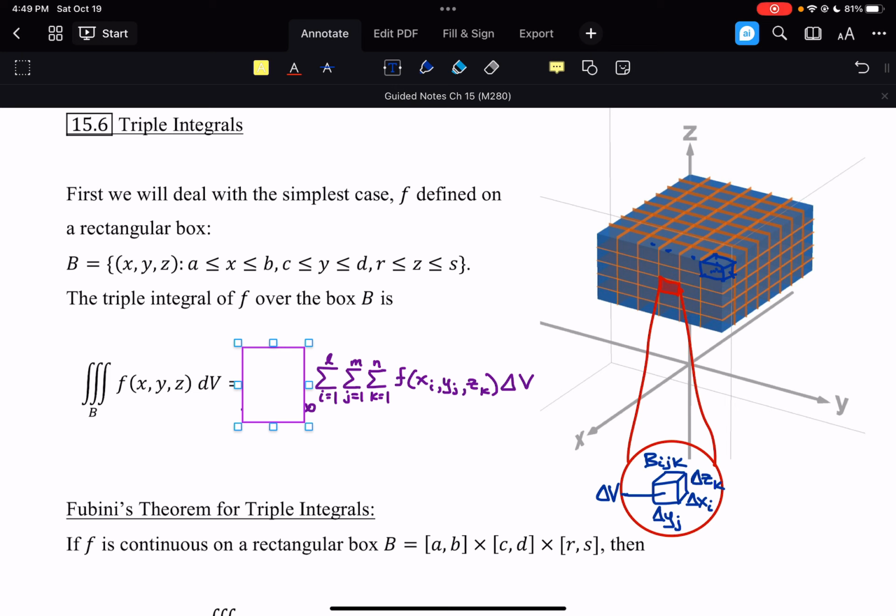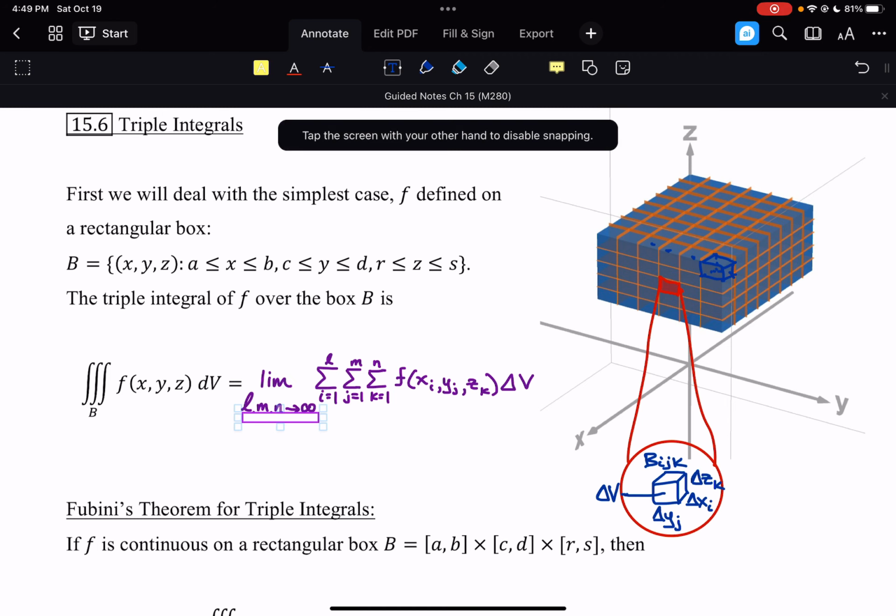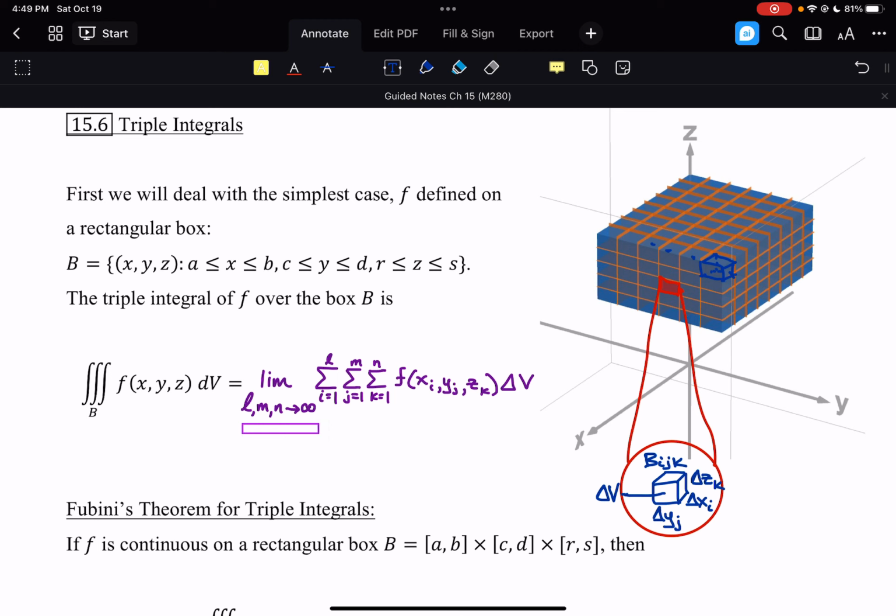One sum for x, one for y, one for z, and we're going to add up across every box in the x direction, the y direction, the z direction, all of them. We add up all of those values, and then if we want to get the exact value of the triple integral, we need to take the limit.